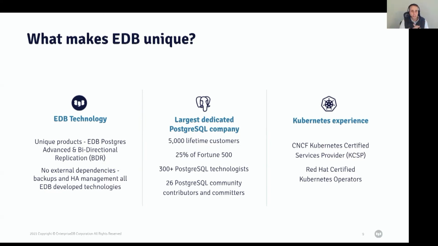These are EDB developed and maintained technologies. So at the end of the day, you get Postgres expertise, you get Kubernetes expertise with Cloud Native Postgres. While the operator is opinionated, you have flexibility with which EDB technologies best fit your use case.